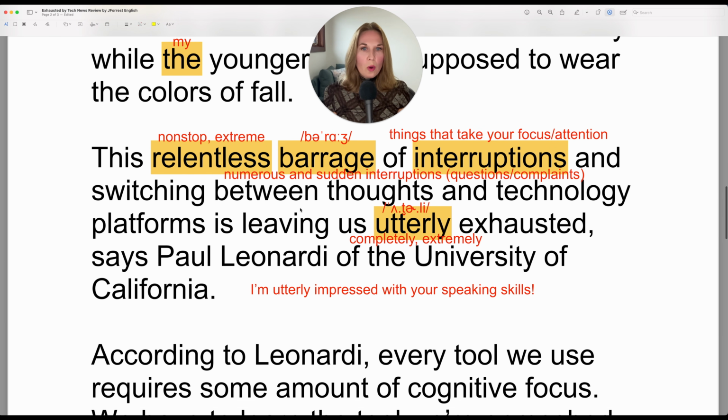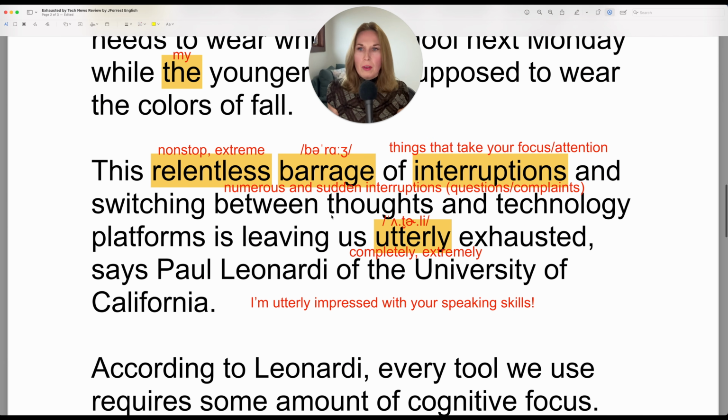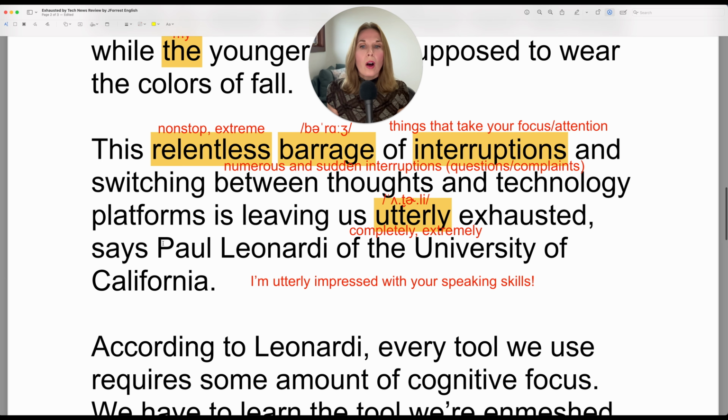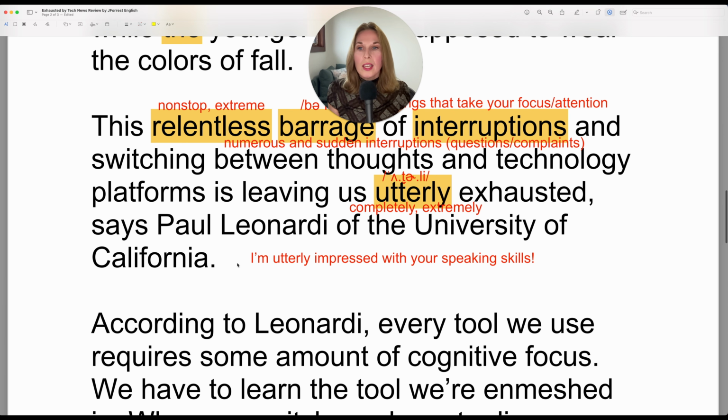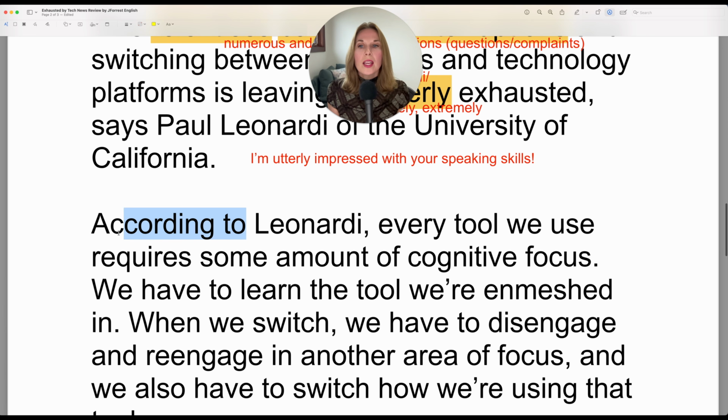Okay, so the barrage of interruptions, switching between thoughts and technology, like the example he gave above, is leaving us utterly exhausted, says Paul Leonardi of the University of California. According to Leonardi, so same according to, which commonly starts a sentence, but we saw it before at the end of the sentence, which is common as well.